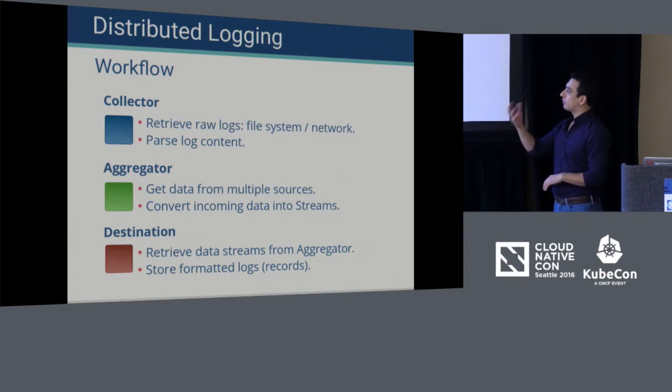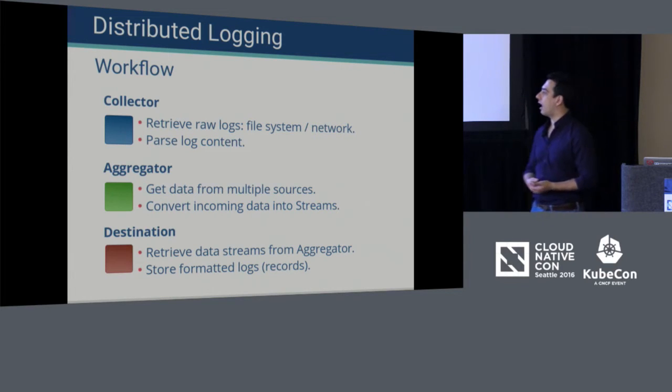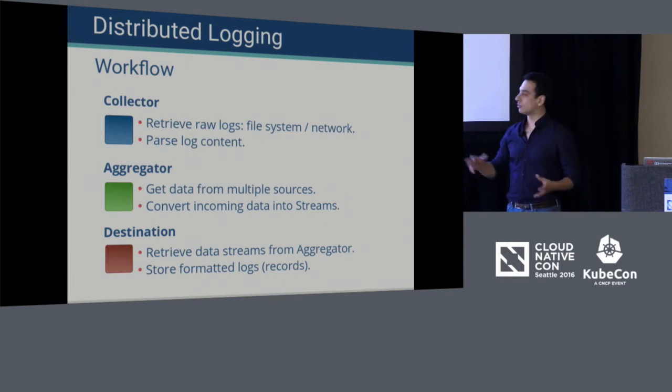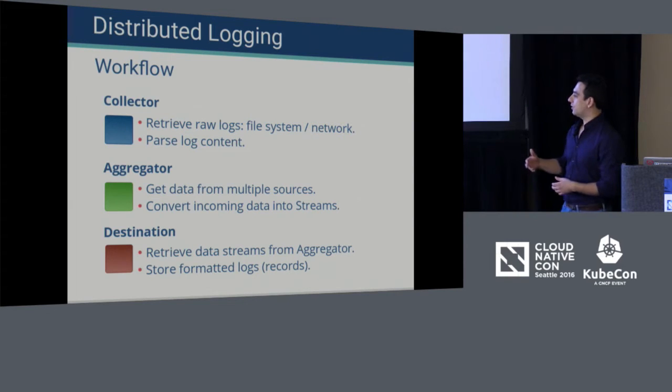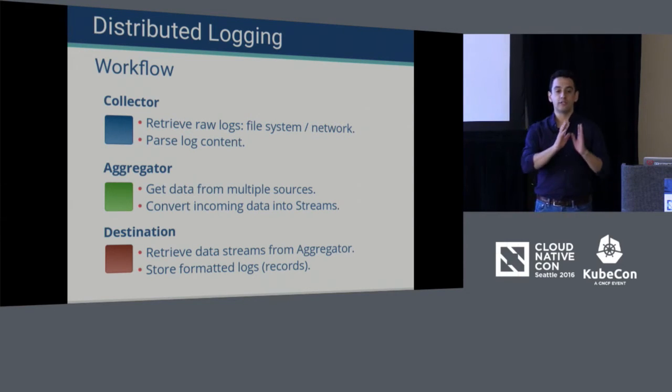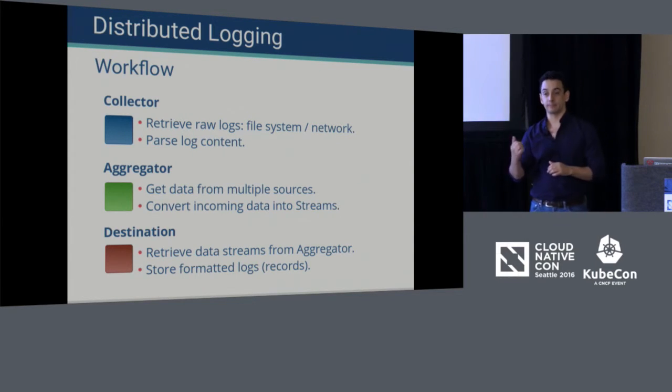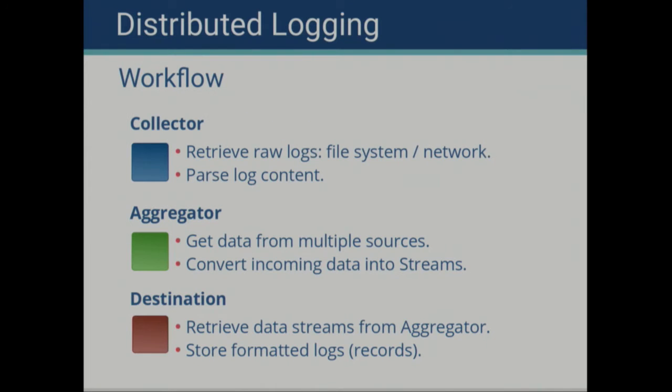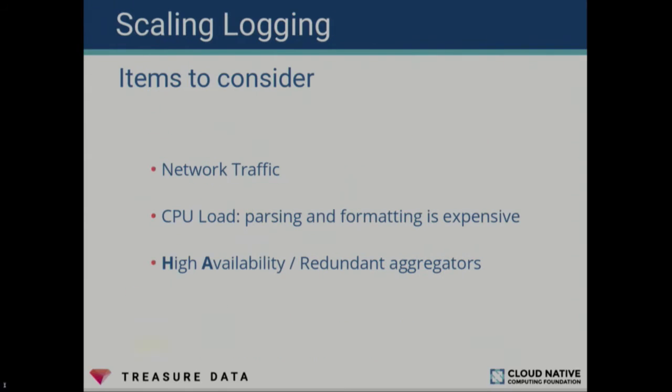So the collector retrieves the raw logs from the file system or the network. The aggregator gets the data from multiple sources, and on the destination side, it also takes care of distributing the logs, but also transforming the logs to the right format that the destination is expecting. So logging is hard because there are many steps in the middle.